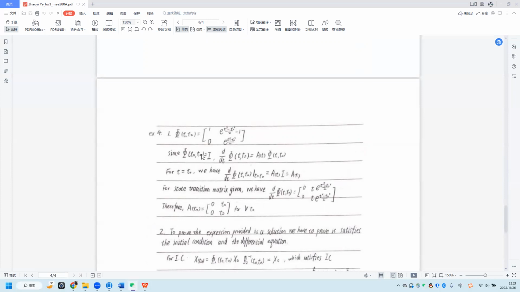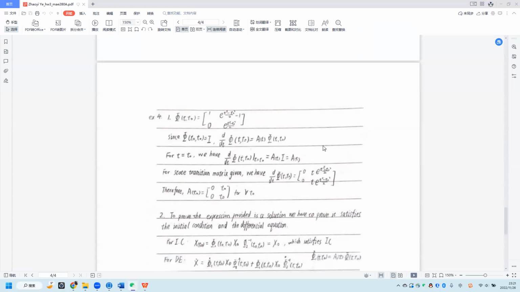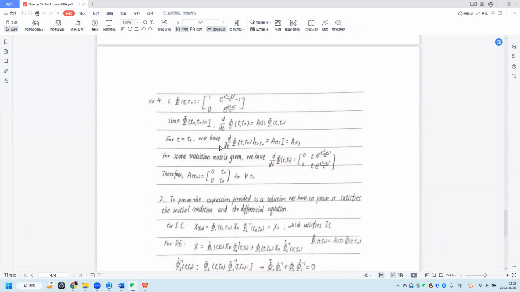Since phi(t, t0) is the transition function of the system, phi(t0, t0) is equal to I, and the derivative of this function with respect to t is equal to A(t) phi(t, t0). So by setting t equal to t0, the derivative of phi at t0 is equal to A(t0).